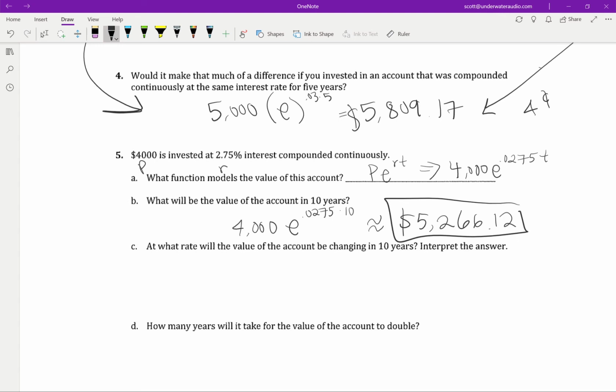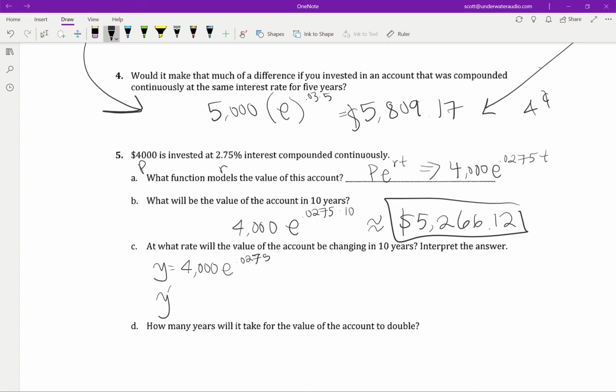C. At what rate will the value of the account be changing in 10 years? Okay, so derivative. I want to have, so say y equals 4,000 e to the 0.0275 t.